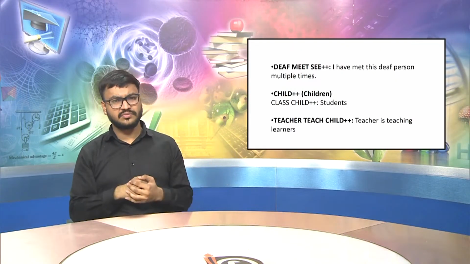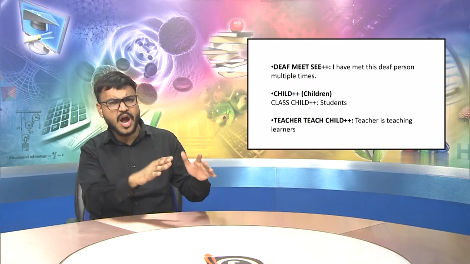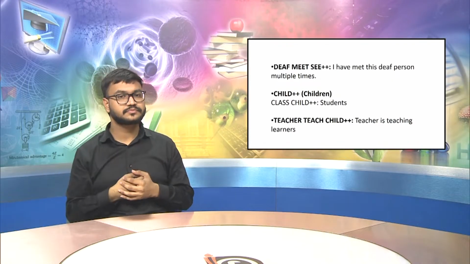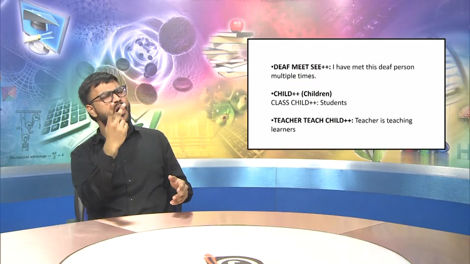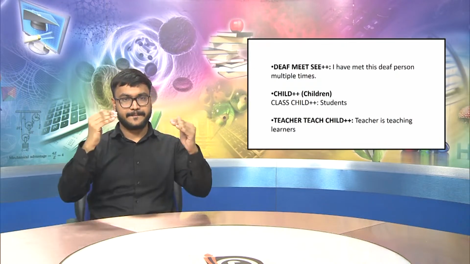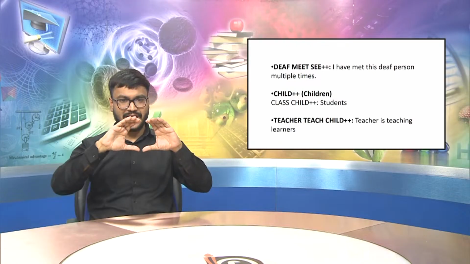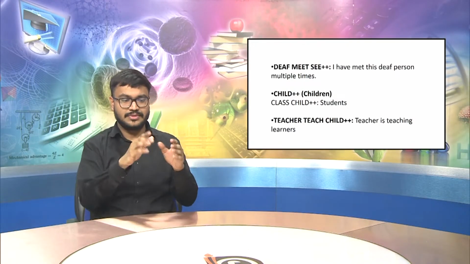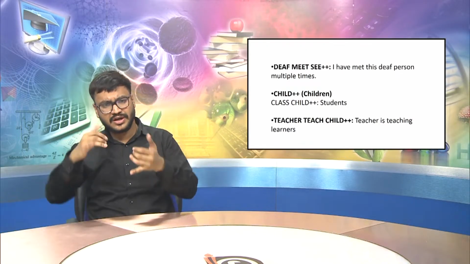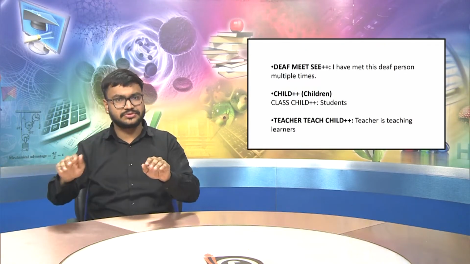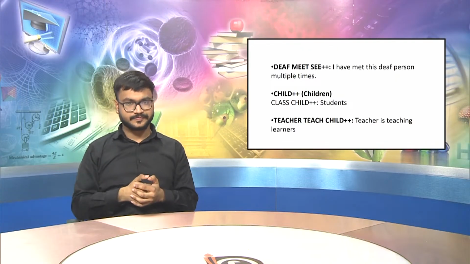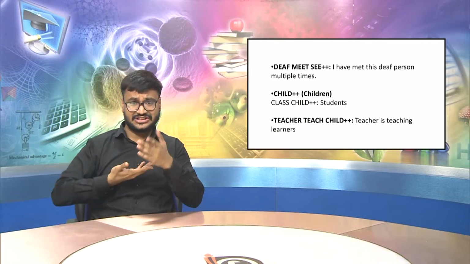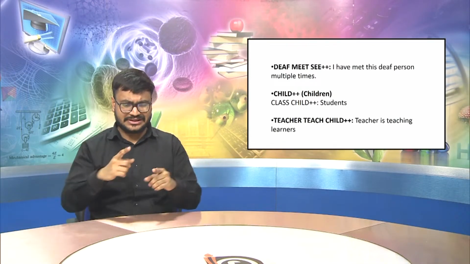For example, if we had met a deaf person multiple times, we can also use the sign of C again and again. And the other example is child. If we do the sign of child again and again, it will become the sign of children.